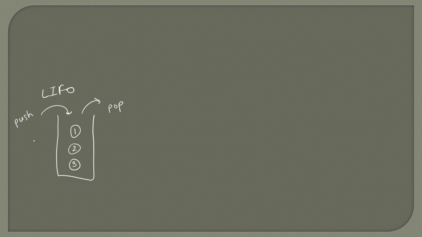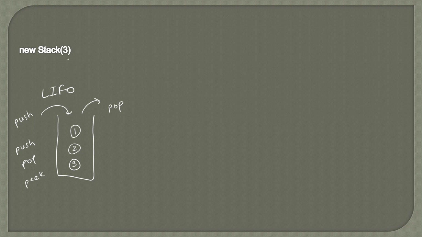So in this video we will see the implementation of push, pop and peek methods with the help of an array, and how we can implement the stack using an array. If we are implementing a stack using an array, we need to provide the capacity to it.